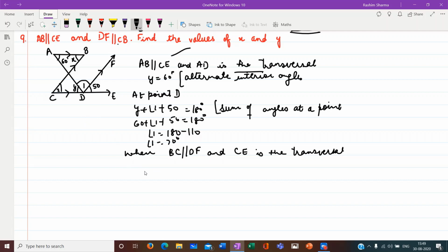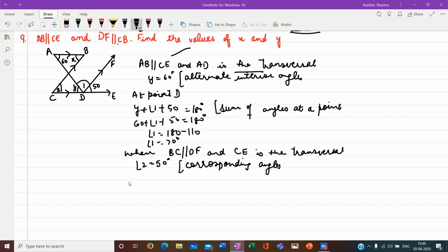So here we can see angle 2 is equal to 50 degree. Why? These are corresponding angles. Alright. So we got angle 2 is 50 degree. Now if we take BC as a transversal, then we can see X and angle 2. This is angle 2. They are alternate interior angles.